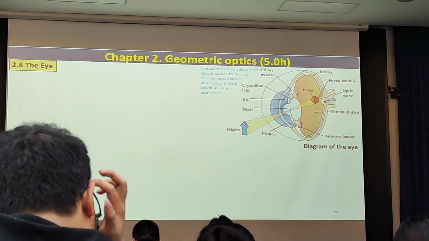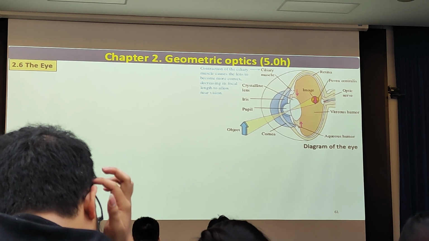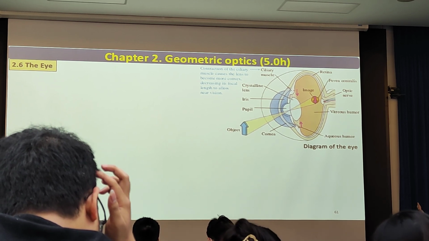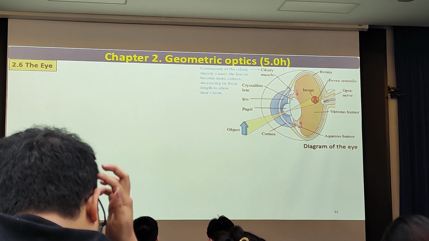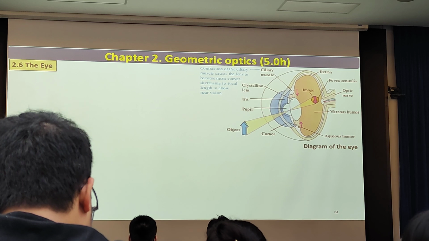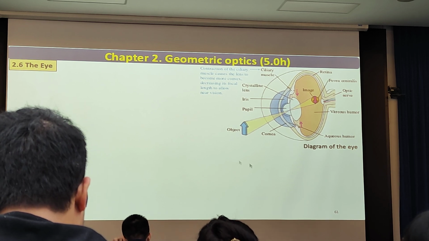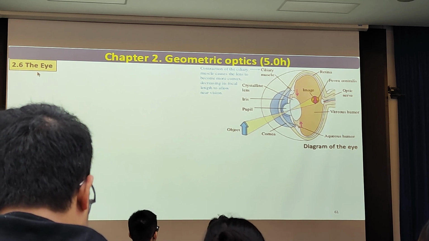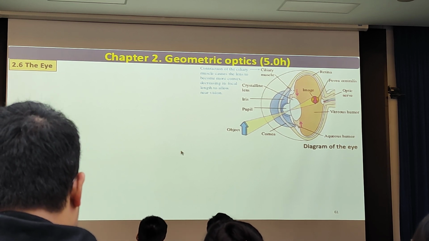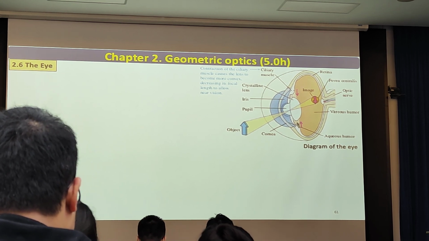Now we will move to the eye. For biotechnology drug discovery, you are in the field of biology. So I won't teach you the eye in terms of biology, but in terms of optics. Yes, so you will see how the eye is constructed in terms of optics.